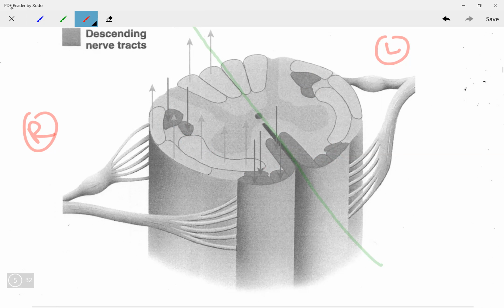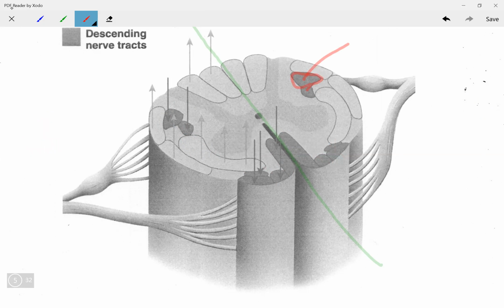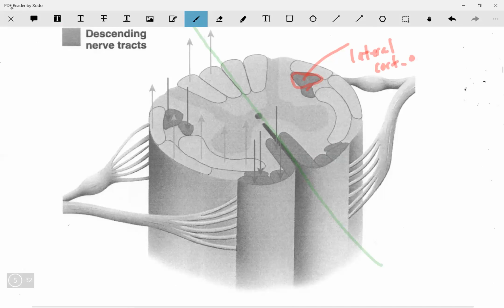All right. So let's start with this one. Okay, that is the lateral corticospinal tract.